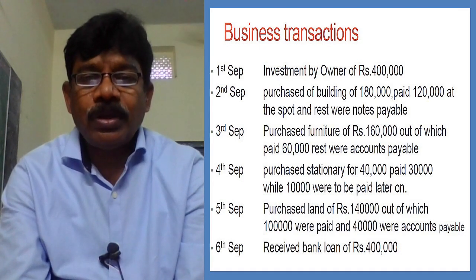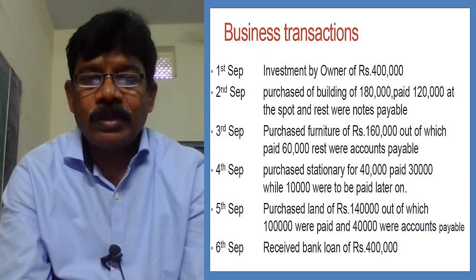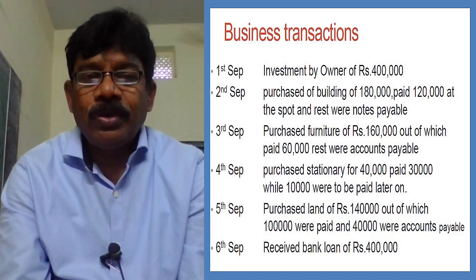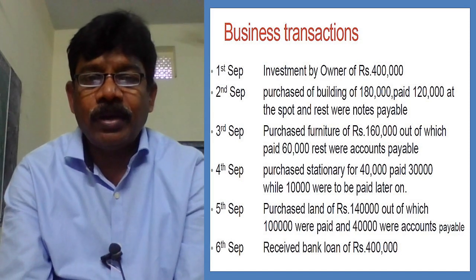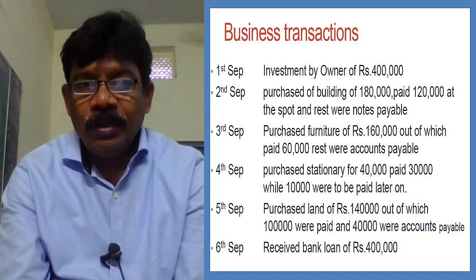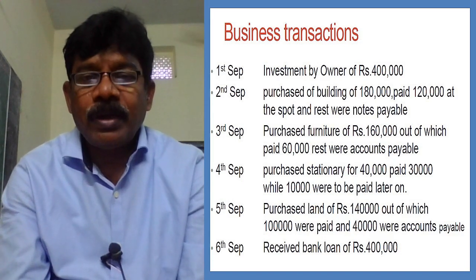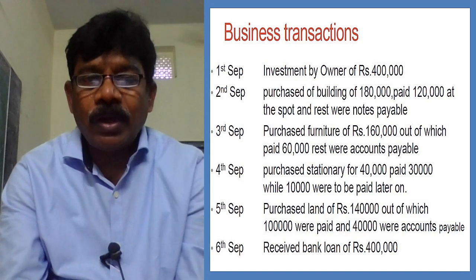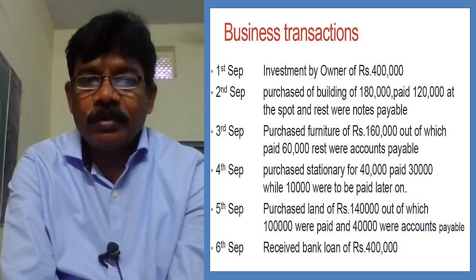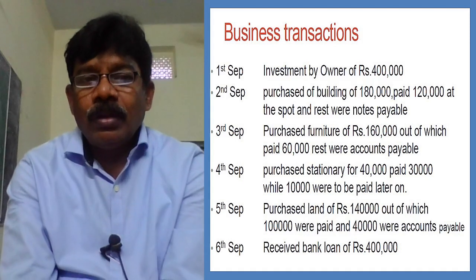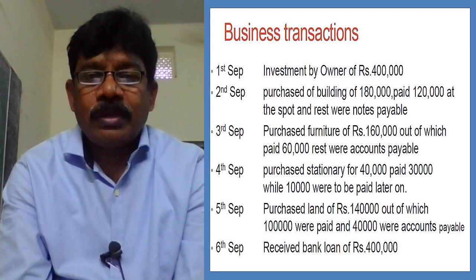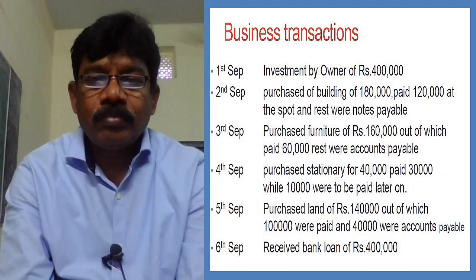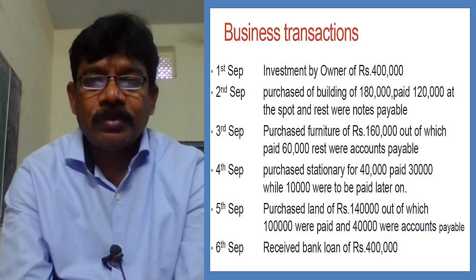And for the furniture, there is a due. Out of 1,60,000, we paid 60,000 only. The remaining due of 1 lakh is a liability, creditor. So liability 1 lakh, capital is 4 lakhs. Liabilities plus capital total 5 lakhs. Assets are cash 1,60,000, furniture 1,60,000, buildings 1,80,000.